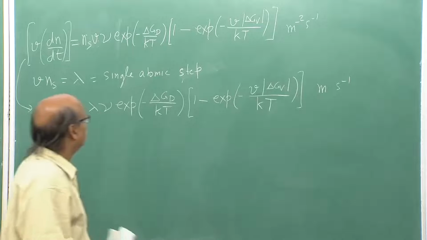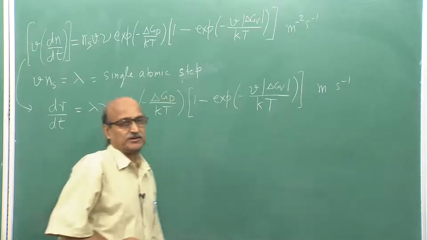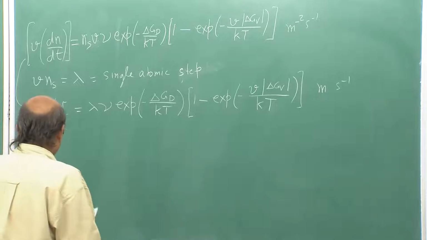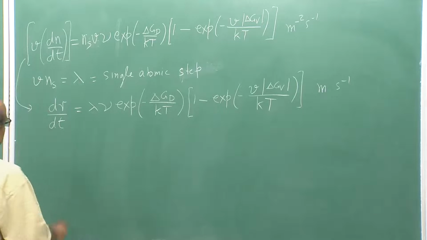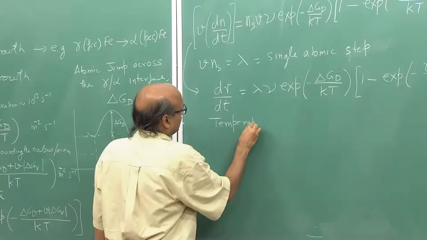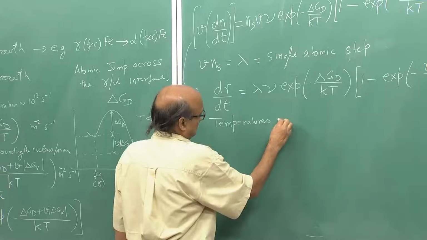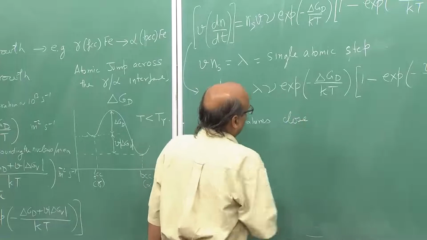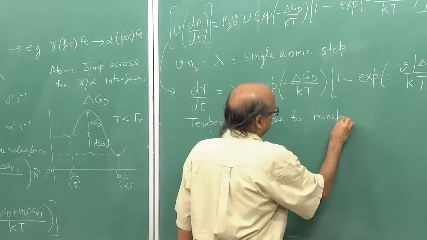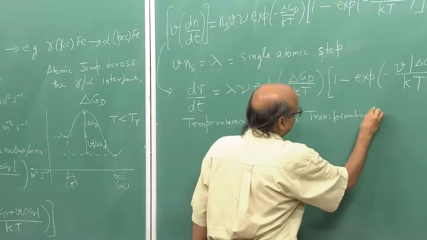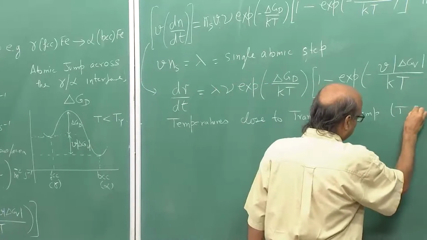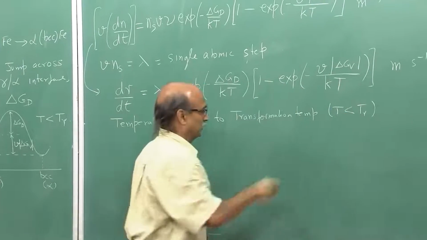So, let us try to analyze this growth rate equation. Let us consider temperatures close to the transformation temperature Tr, but keeping T less than Tr but close to Tr.